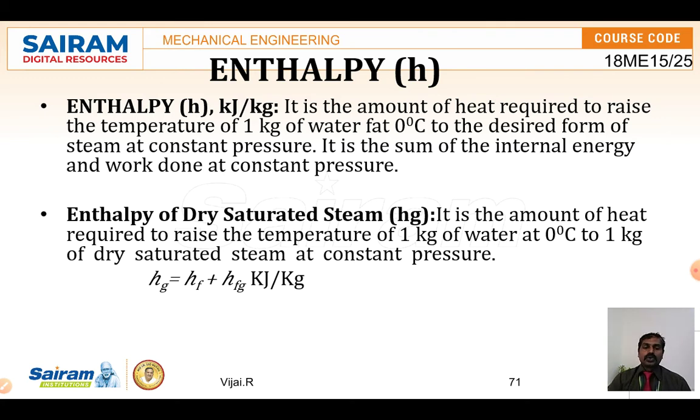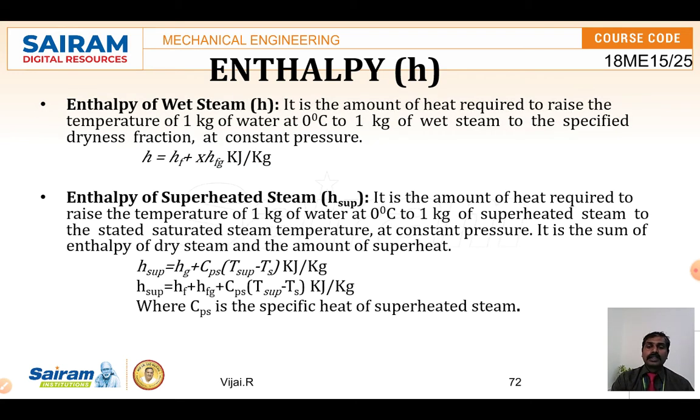It is the amount of heat energy required to raise 1 kg of water at 0 degrees to 1 kg of dry saturated steam. To convert the water into dry saturated steam, how much heat is required, that is called the enthalpy of dry steam. The formula is Hg = Hf + Hfg.